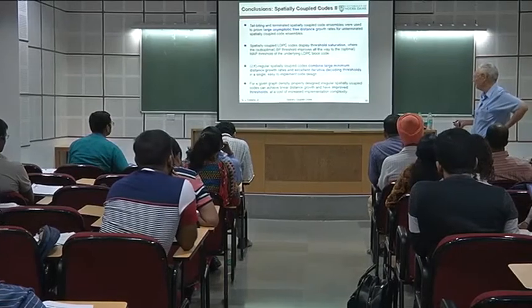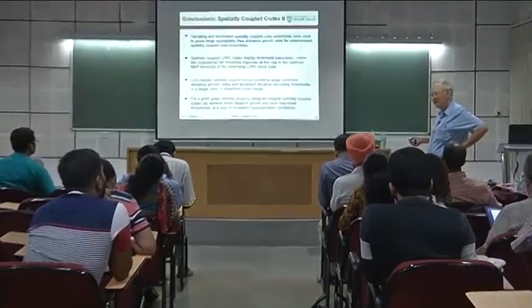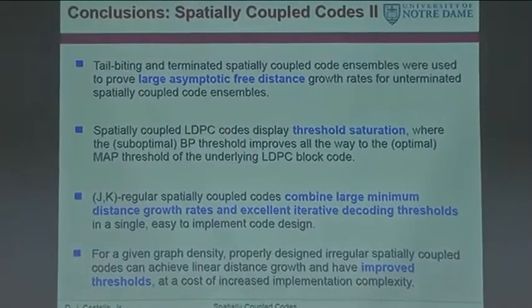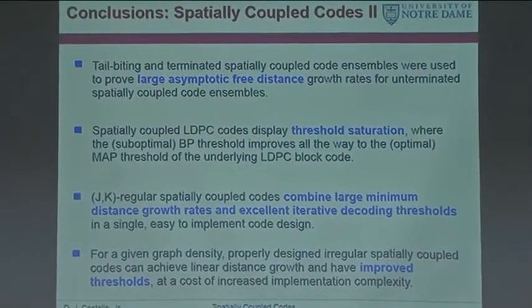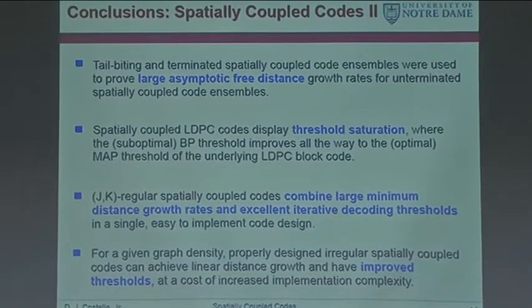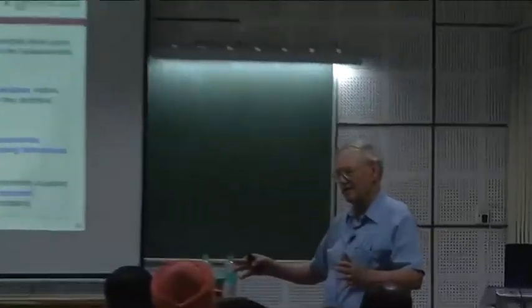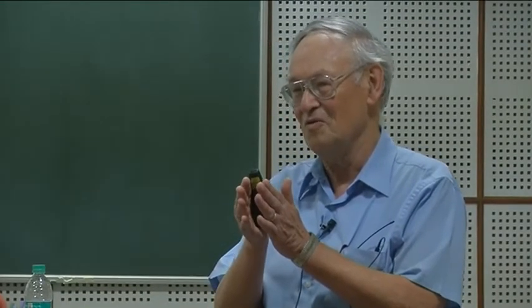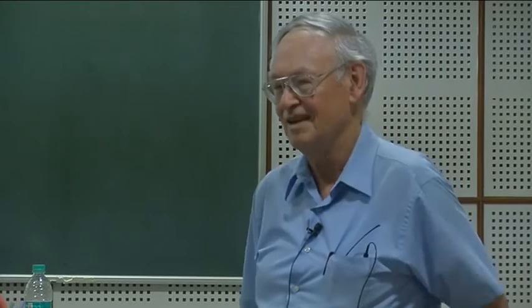Again, the MAP threshold of the spatially coupled code would be a little larger than this. I mean, this gets you to the MAP threshold of the underlying block code, which is strictly regular. This slightly irregular ensemble would have a slightly larger MAP threshold. I'm confident in saying slightly larger because there's almost no room left until you get to capacity.